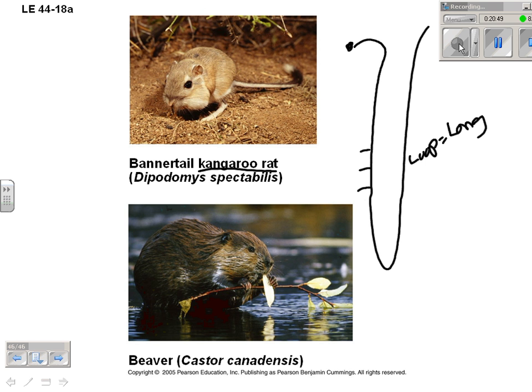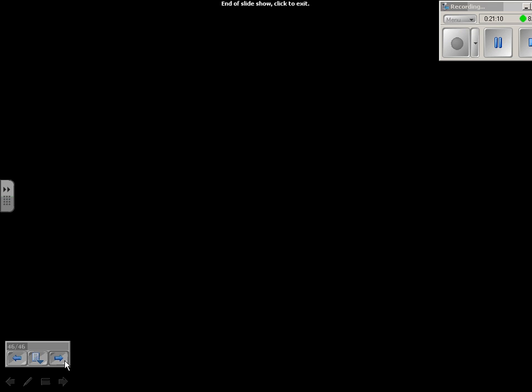The longer the loop, the more water back into the blood. Something like a beaver that lives in a very wet environment and gets plenty of water would have a shorter loop of Henle, because they don't need to get as much water back into their blood. That is a discussion of the excretory system.